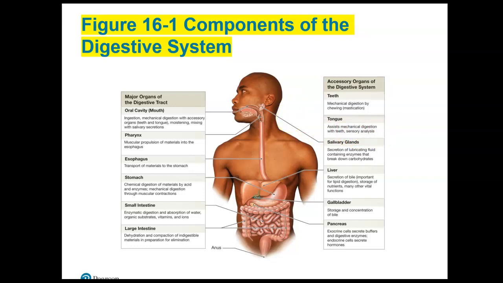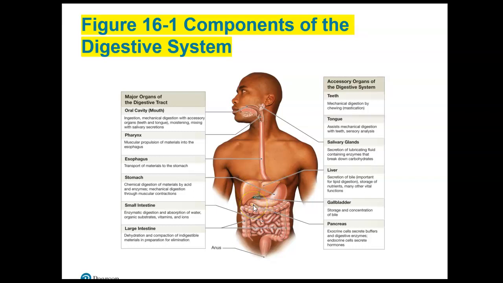And then we have the salivary glands, which are located in 3 areas up here at the superior portion of the pharynx. And then you have one that's sublingual and then submandibular. So those are the 3 areas where we have salivary glands, and then the liver, which mainly its function in digestion is producing bile, which is also stored in the gallbladder.